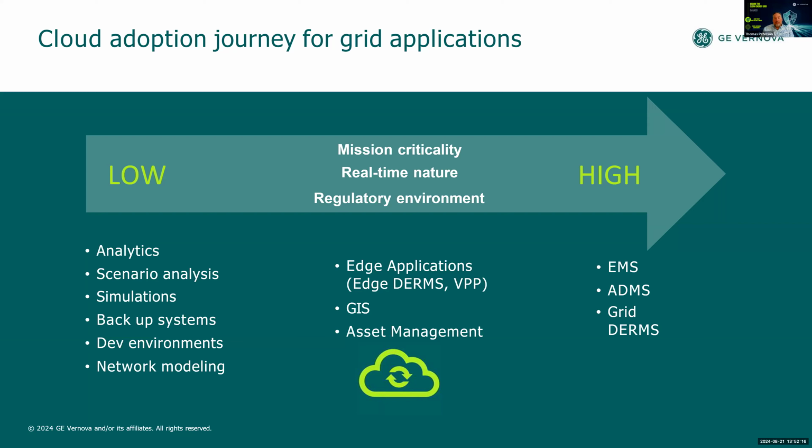The grid applications on the left side of this framework, such as analytics, simulations, and the backup systems, are less critical, less real-time, and see fewer regulations. So the applications on the left are perfect candidates for early cloud adoption. Utilities can use this framework to set up a cloud adoption roadmap, developing their staff and service offerings, and progressively move from the left to the right on their cloud adoption journey.